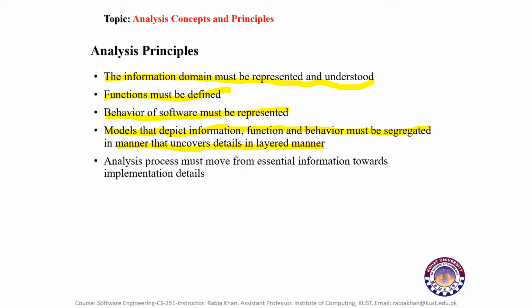So the major problem is generally divided into small subproblems. For example, a major function is subdivided into smaller subfunctions, which are then connected together to form a complete structure. So this fourth analysis principle suggests that the information, functional, and behavior domains of the software need to be partitioned.